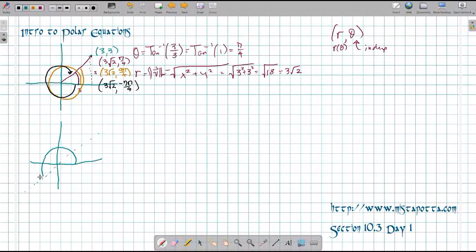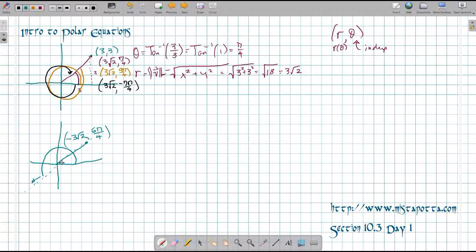But instead of traveling out from the origin, out from the pole, I actually want to take steps backwards. And taking steps backwards, in other words, going negative 3 root 2 at this 5 pi over 4 direction, would give me the exact same point.